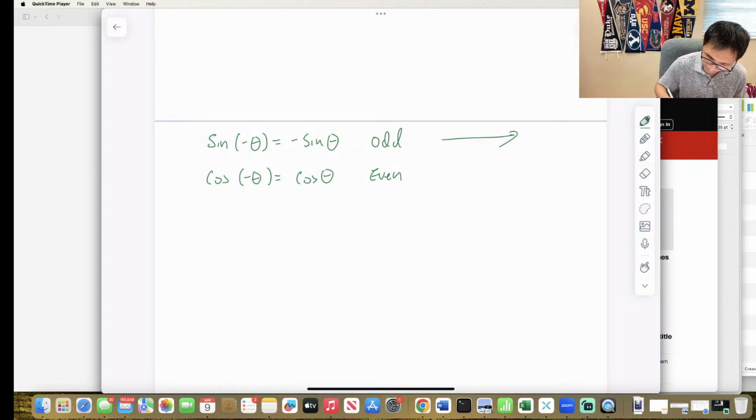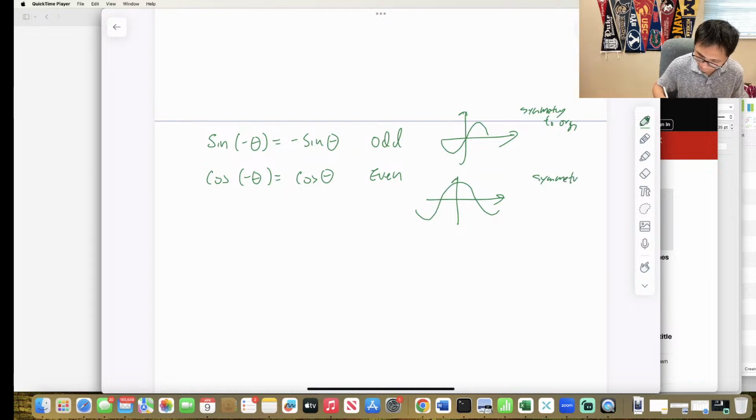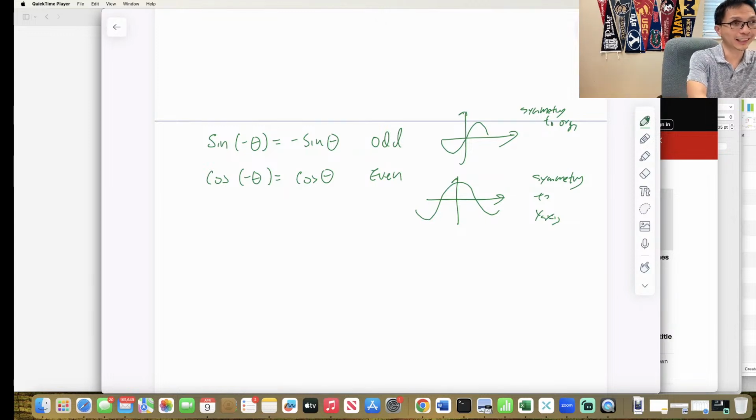You can tell from the function, even odd function, also from here, this is odd because they are symmetry to origin. And this is even because they are symmetry to y-axis. So therefore, you can tell the symmetries. Okay, and then if you can tell the symmetry, you can eliminate those polar things.